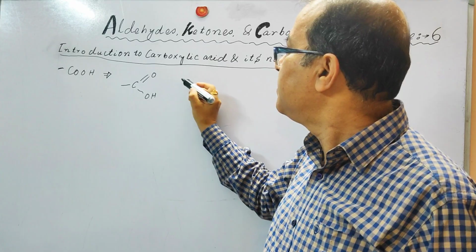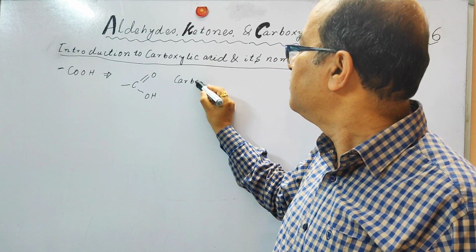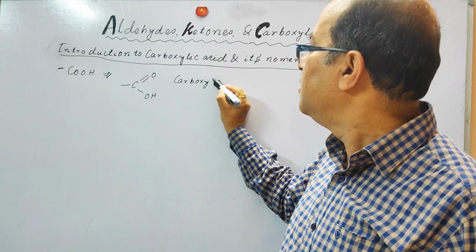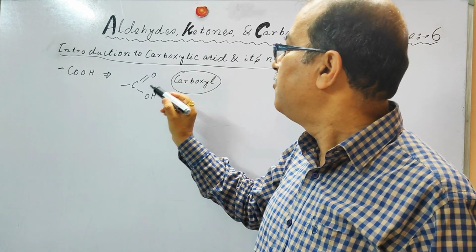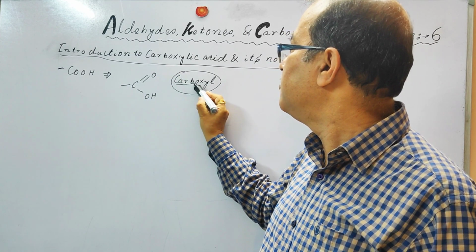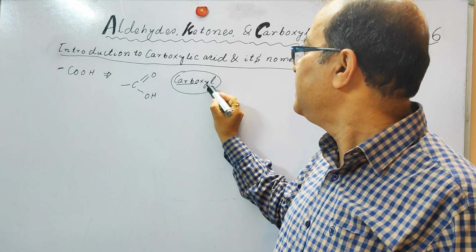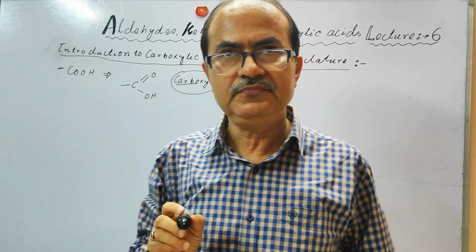So the name carboxyl comes from these 2 groups only. From the carbonyl group it is coming the carbo, and the xyl is coming from the hydroxyl.